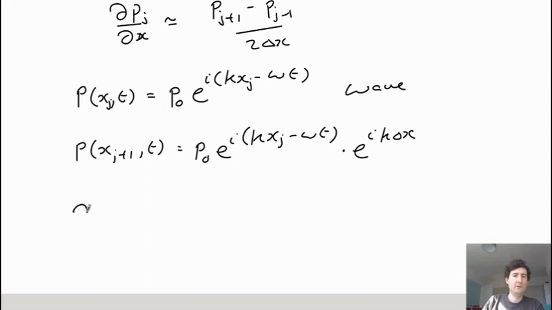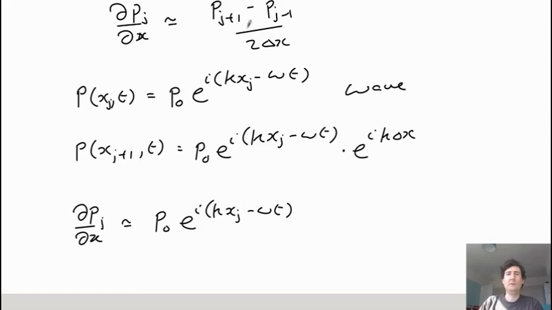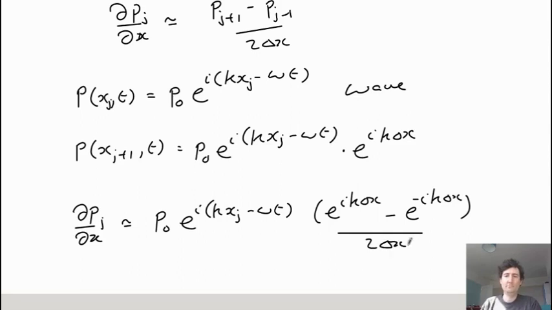So we have dp by dx at location j, and that's this quantity here, so it's p naught e to the ik xj minus omega t, and then here we have these factors, so we can just write this is e to the ik delta x minus e to the minus ik delta x, all divided by 2 delta x.